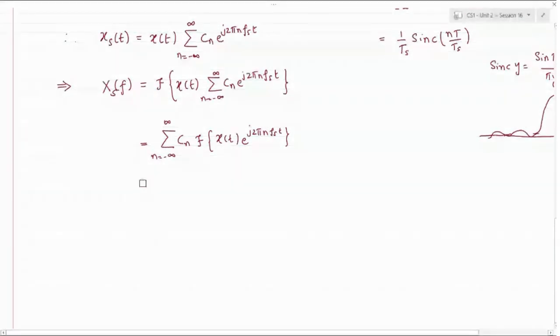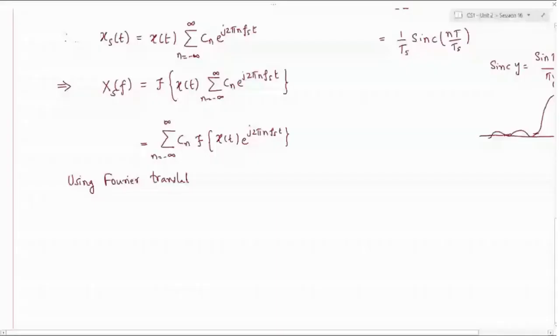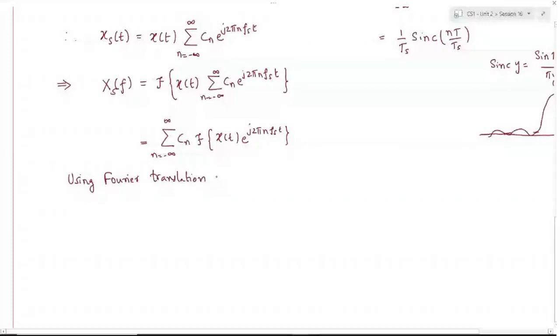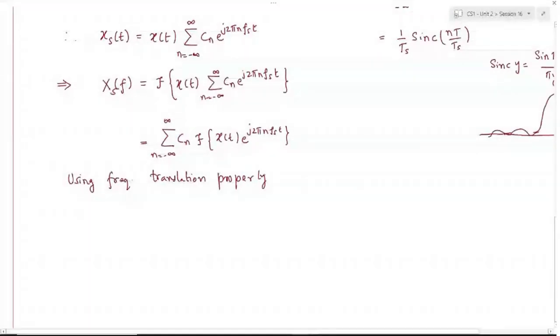Now using the Fourier translation property, these are the fundamentals of your signal theory, and there's a reason I'm going a little faster. In fact, this is the Fourier frequency translation property.